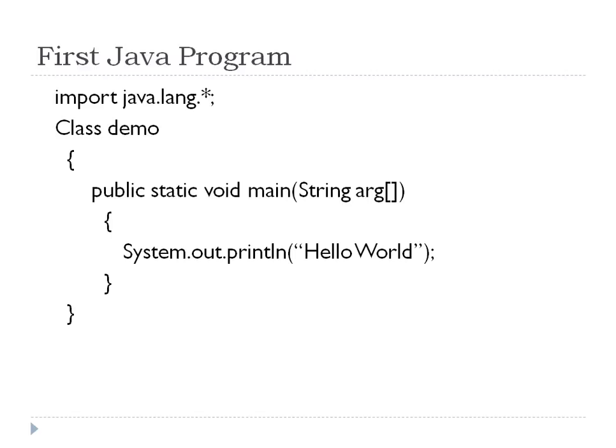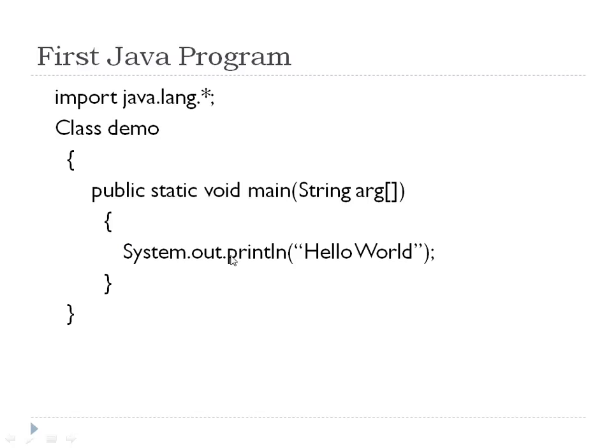So the first line, if you can see, is import java.lang.star semicolon. In this slide, we have used a function like system.out.println. This method actually comes from this library. So similar to C, in the first statement we include the required library.